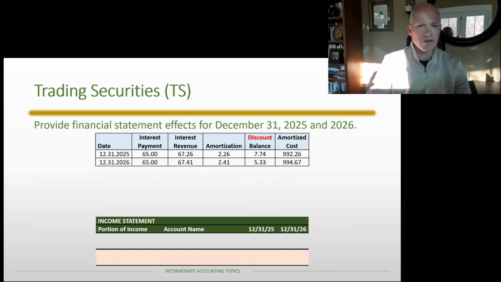Sorry, that should probably say available for sale. The label's wrong. But the financial statement effects for December 31st, 2025 and 2026 continued. Now we're looking at the income statement. I'm going to fix this, so give me 1 second.